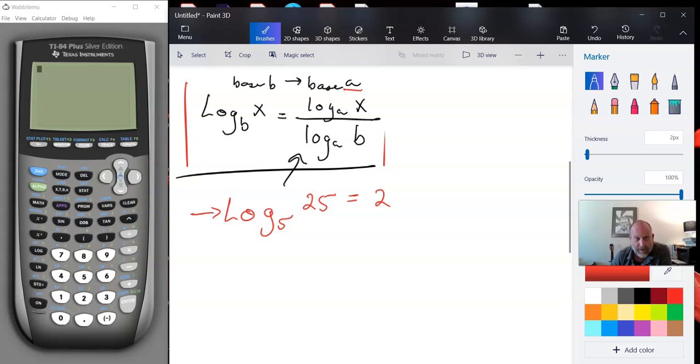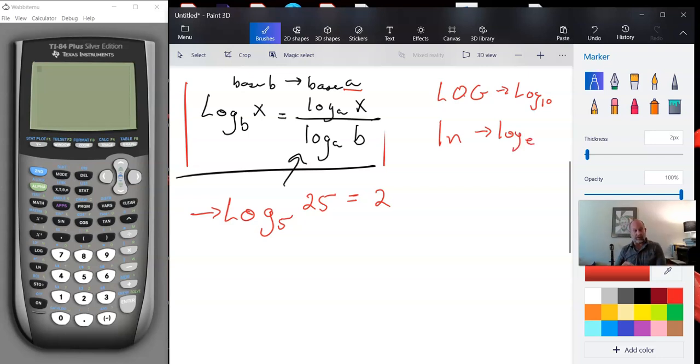So let's try. Now we have 2 bases we can pick from. There's one base on your calculator. One of them says log, and that is log base 10. That's your common log. The other one is the natural log, and the natural log is log base e, right?